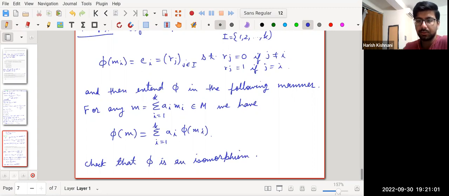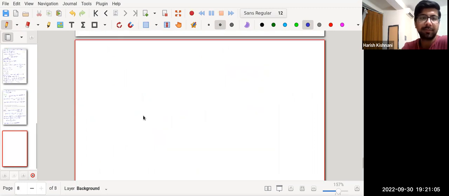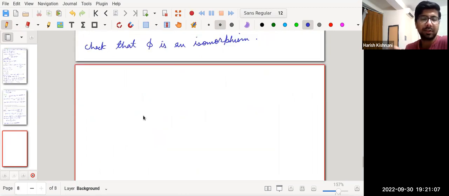Okay. So now you have already seen that by the second part of the fifth question, if this kind of situation happens, then it implies that the underlying indexing set will give you the basis.